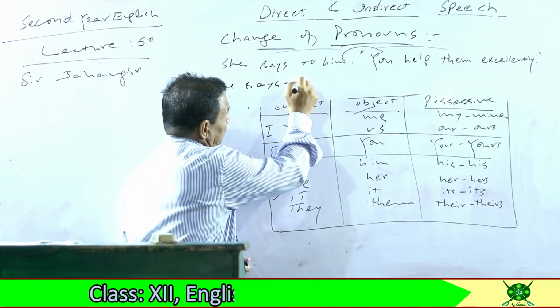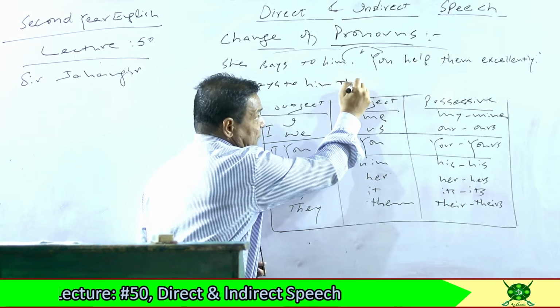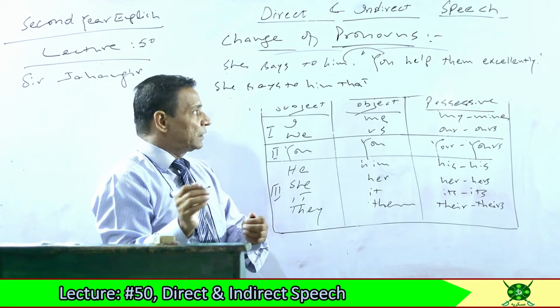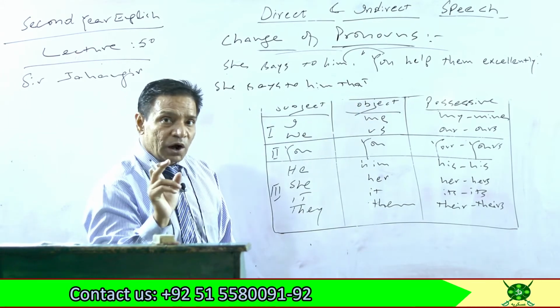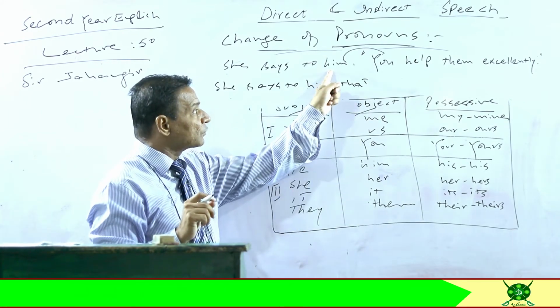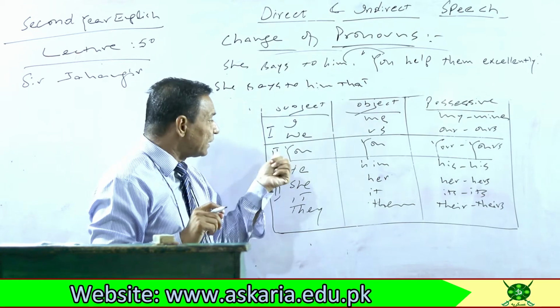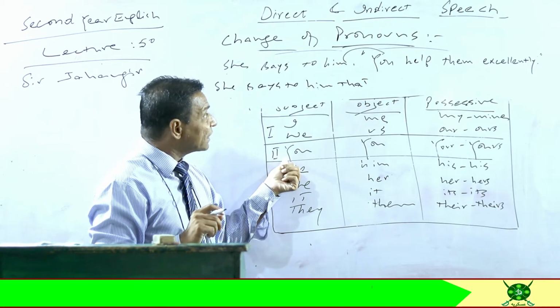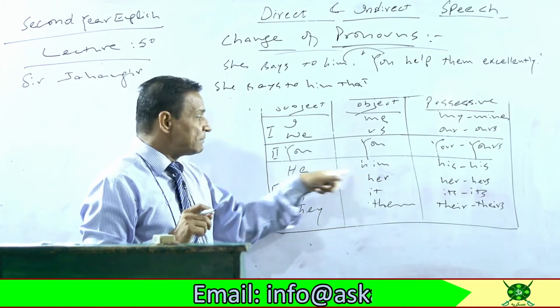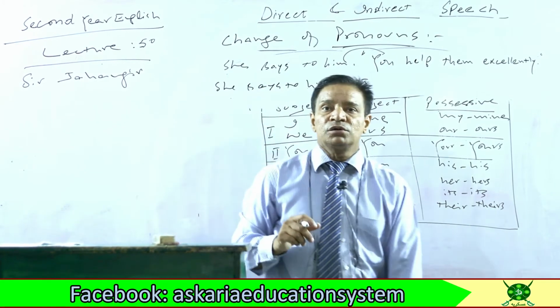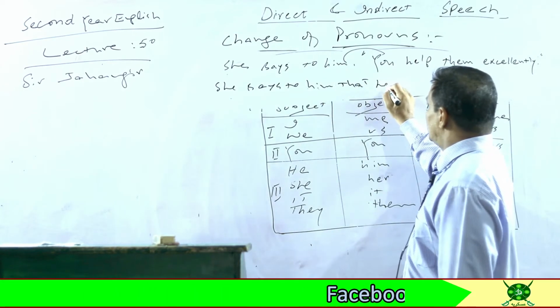She says to him, that will be used as a conjunction, a joining word joining reporting and reported speech. Now I told you second person is changed according to object of reporting speech. You is here the subject. So what is the subject of him? The subject of him is he. So you will be changed into he.